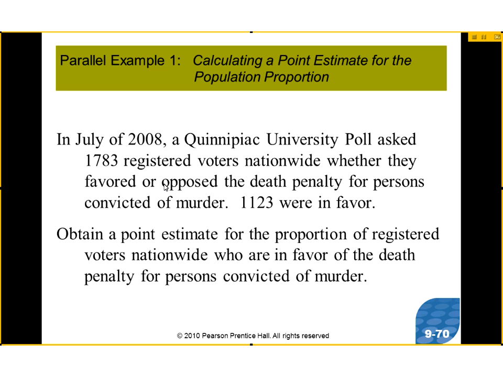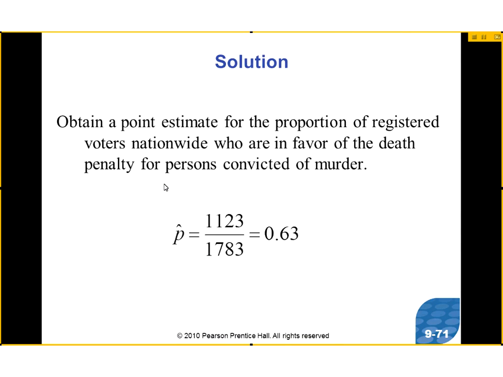Well, our x is 1,123. That's the number of people with a specified trait, which is being in favor of the death penalty, and 1,783 were the total amount of people polled. So to obtain our point estimate, we simply take 1,123 over 1,783. So that is what we're going to use for our point estimate of our population proportion.